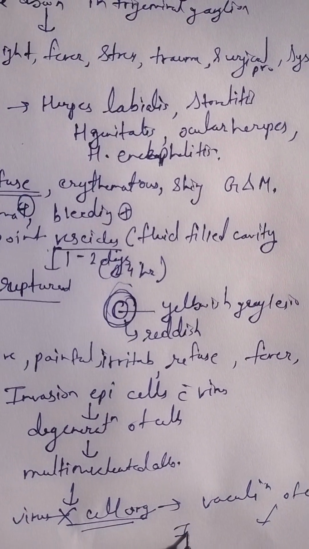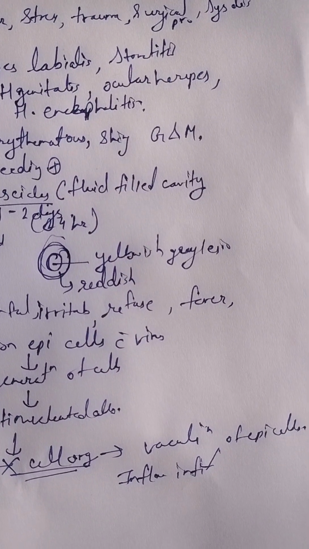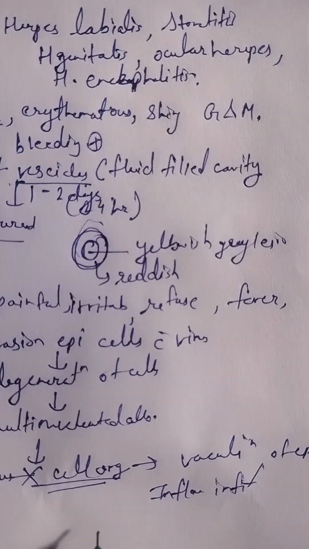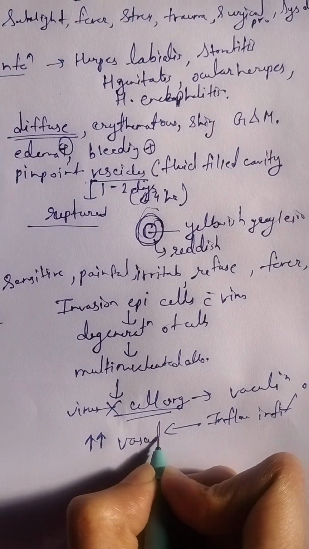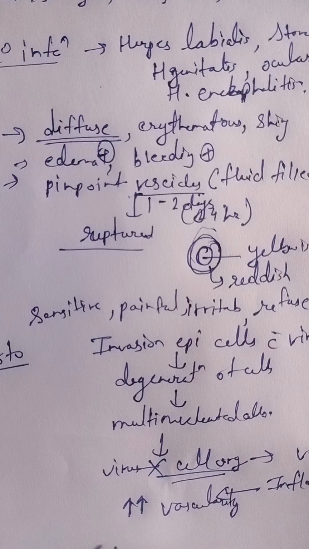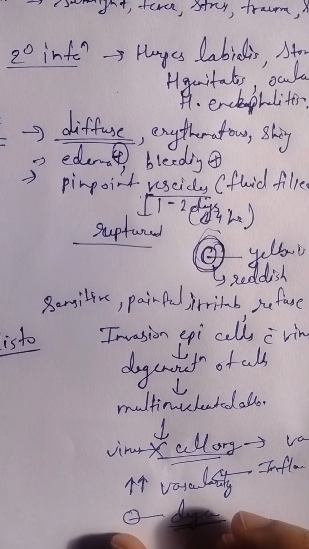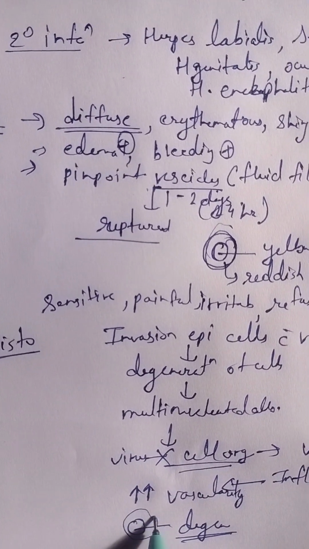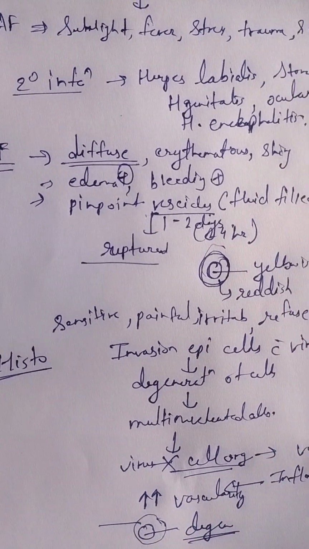Then inflammatory infiltration occurs. Connective tissue will be densely infiltrated with inflammatory cells. Due to infiltration, vascularity is increased, and in the center there is degeneration. So it looks like a yellow grayish colored lesion, and in the surrounding it is reddish in color due to the dilated blood vessels.